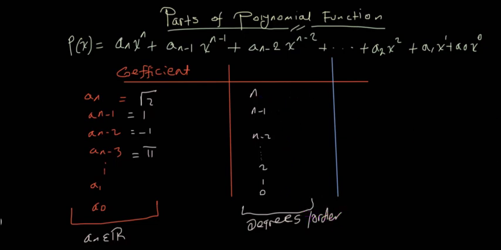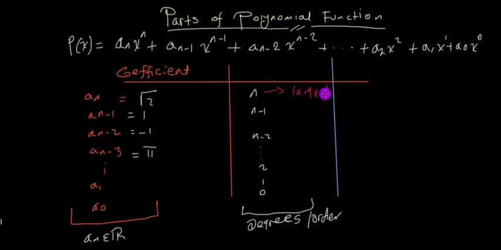In what order does the polynomial function represent? Usually we call it degrees. When we see this, all of them are decreasing, therefore this one is the largest.